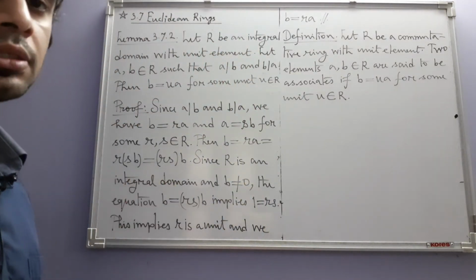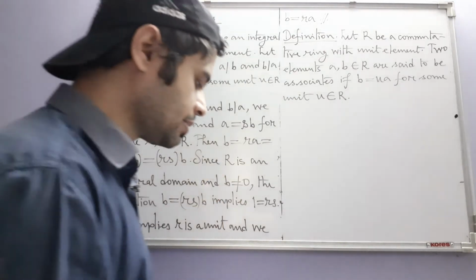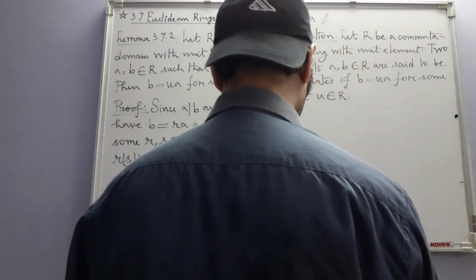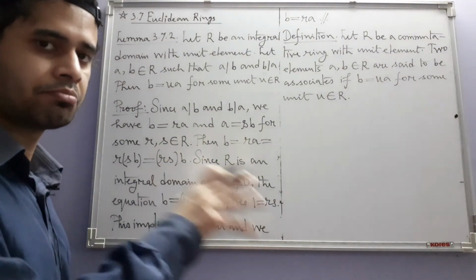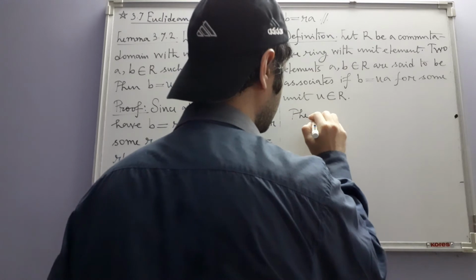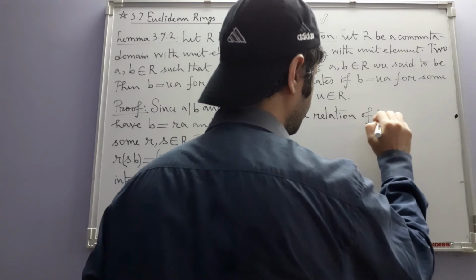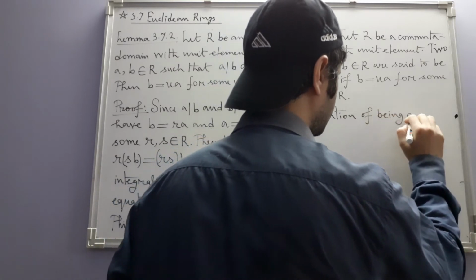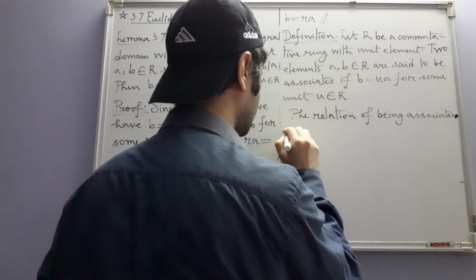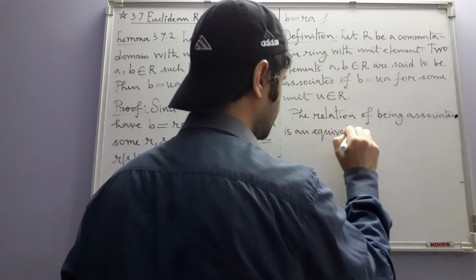Nothing will change because this relation turns out to be an equivalence relation. In fact, that is the next remark, and that is one of the exercises that we will prove at the end of this section. The relation of being associates is an equivalence relation.